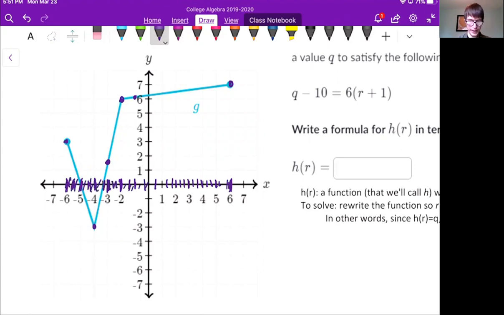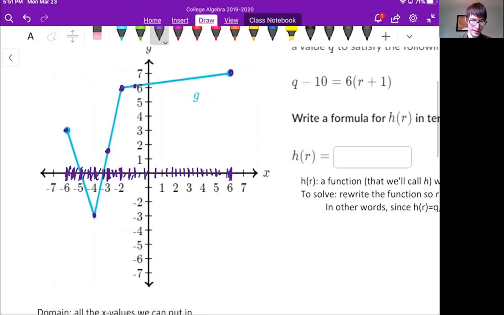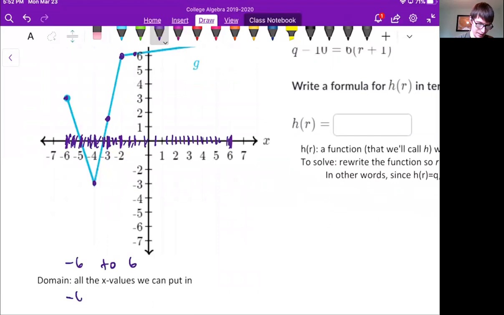So that's really what's going on here. I can plug in all these values, so my domain is all the x values I can plug in and get something out of. Then my domain is from -6 to 6. So x is from -6 to 6. We can write that as an inequality: -6 is less than or equal to x, which is less than or equal to 6.